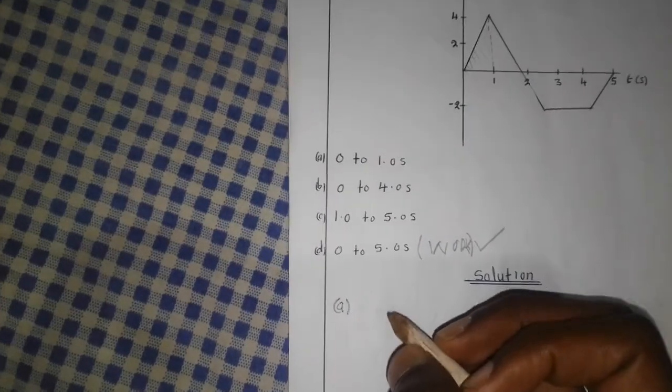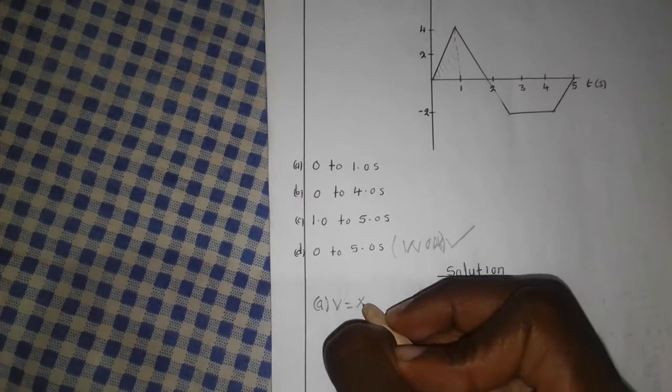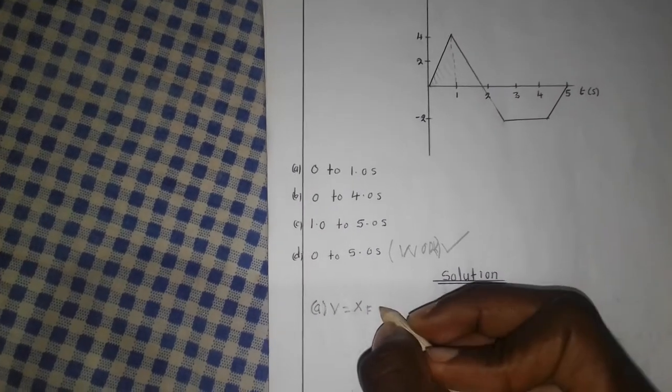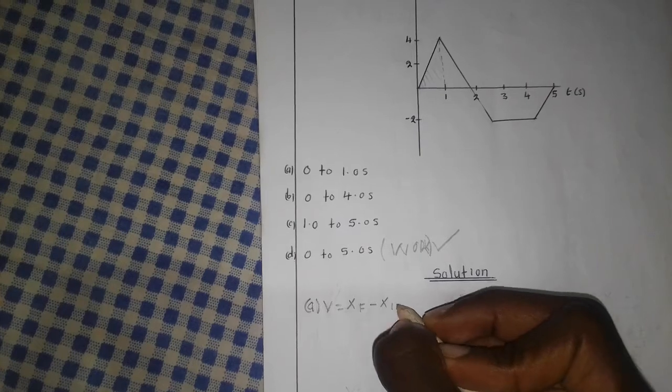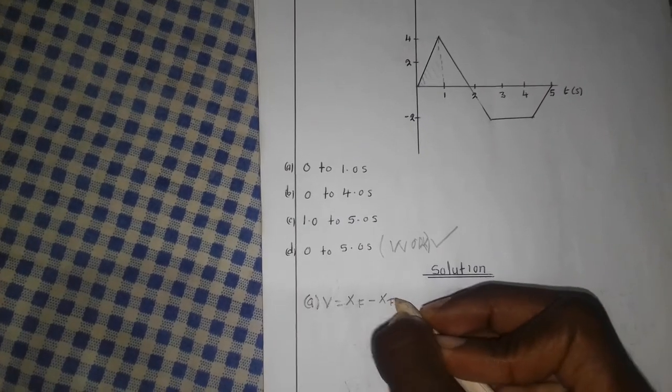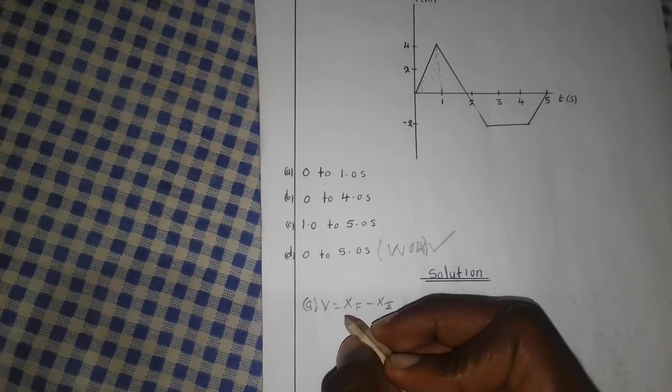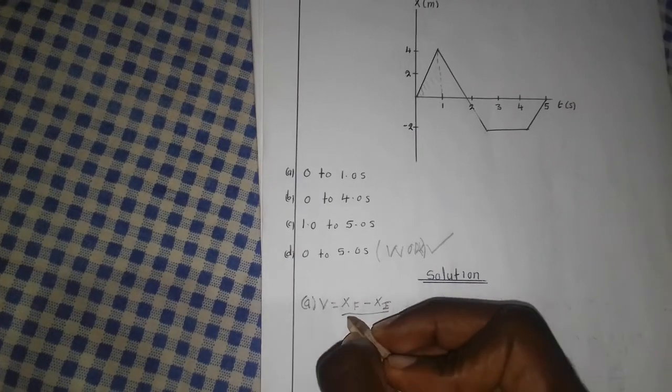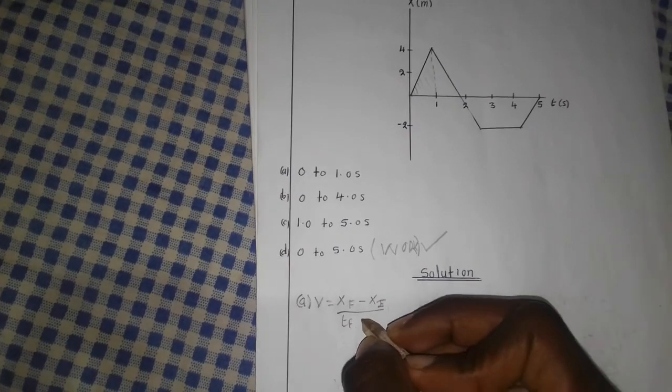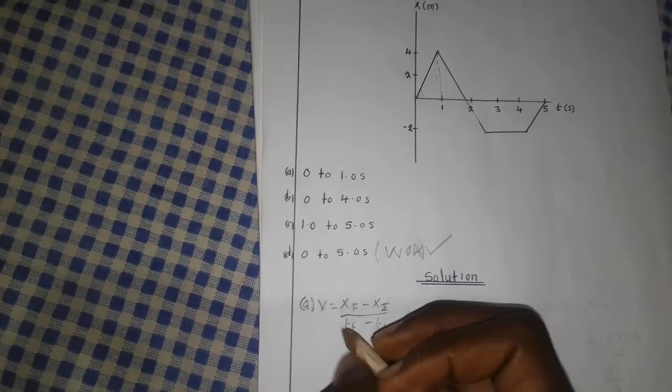So now, we know that velocity is equal to the change in displacement, final minus initial, over time final minus time initial.